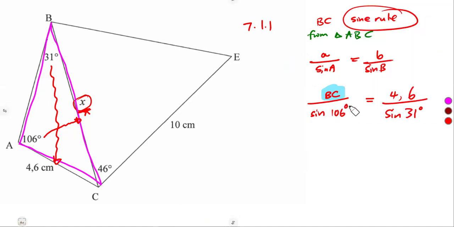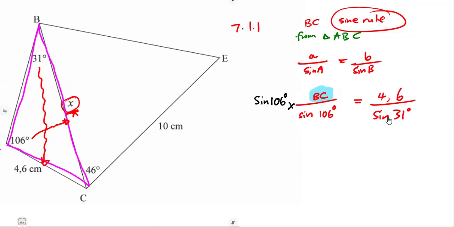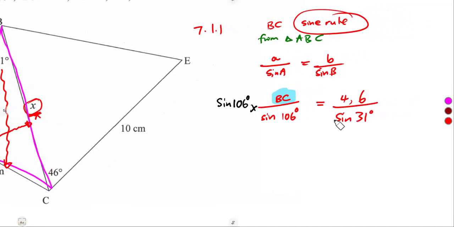So the question is, how are we going to get rid of the denominator? We multiply by it on the numerator. So that's multiply by sine 106 degrees. Remember, this is an equation. Whatever you do on the left-hand side must also be done on the right-hand side. So we're also going to multiply by sine 106. This is in the denominator, so to get rid of it, we must multiply by the sine on the numerator.